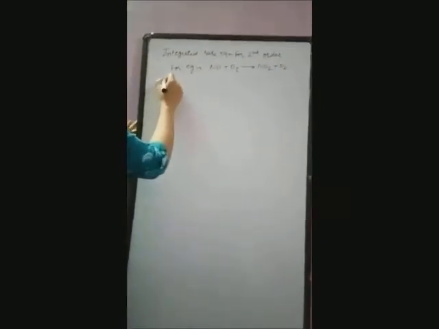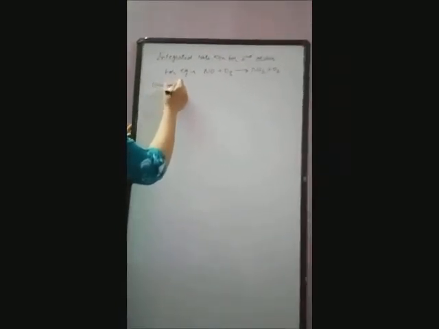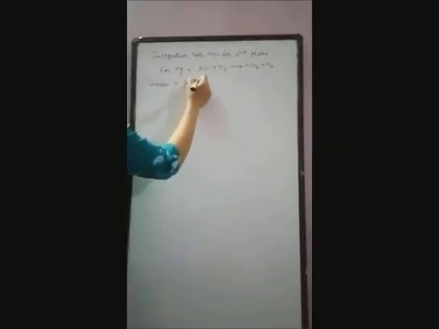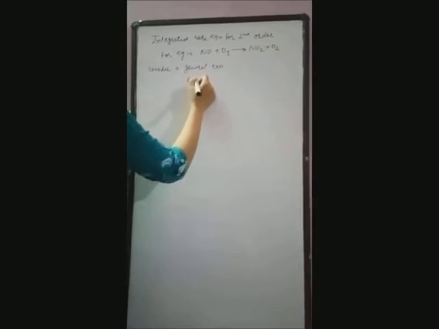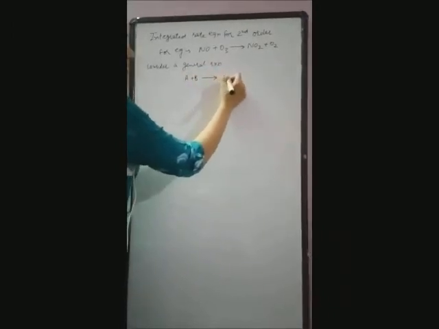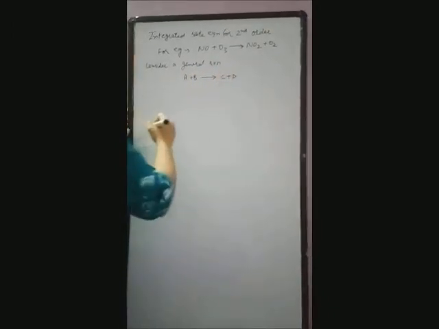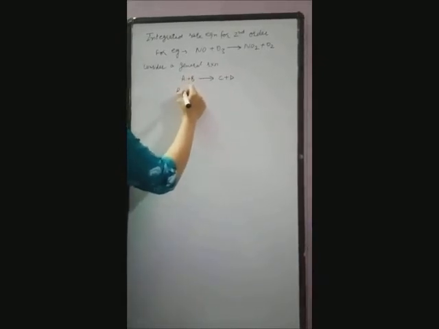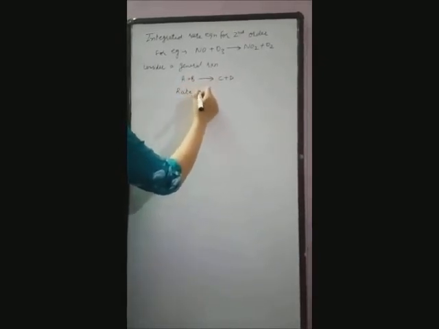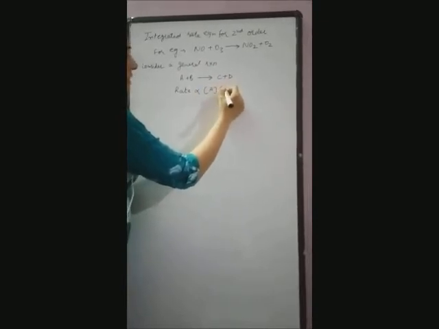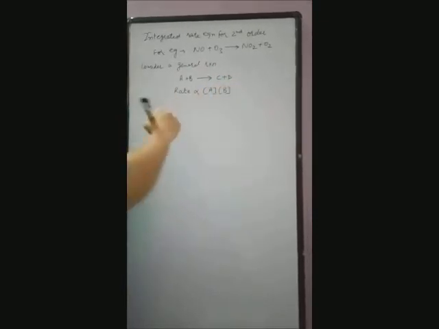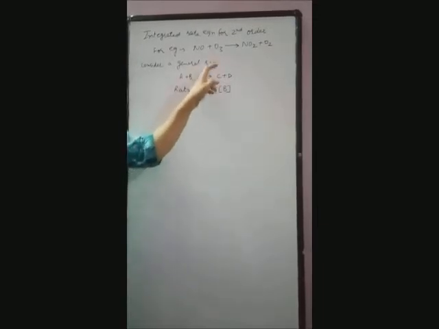Consider a general reaction: A plus B gives C plus D. Here rate is directly proportional to concentration of A and concentration of B because it is a second order reaction.